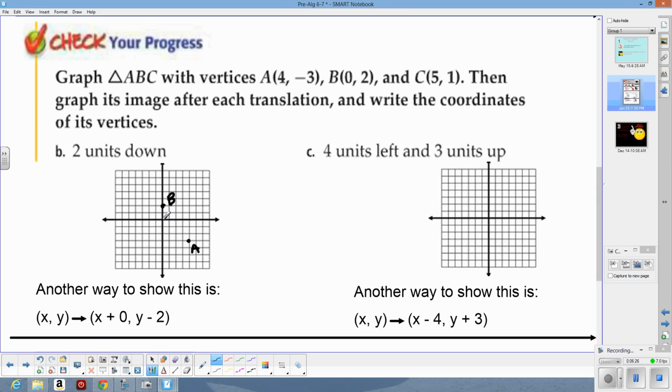And then C is 5, 1, so we're going to go to the right 5 and up 1 and label that C. You're going to want to do the same thing on the other coordinate plane.